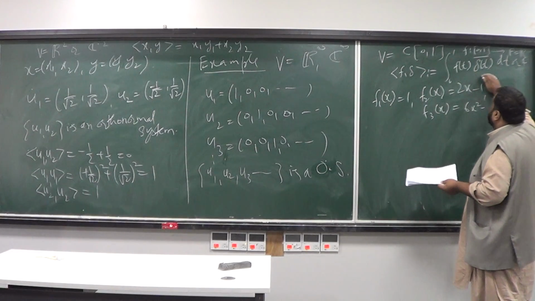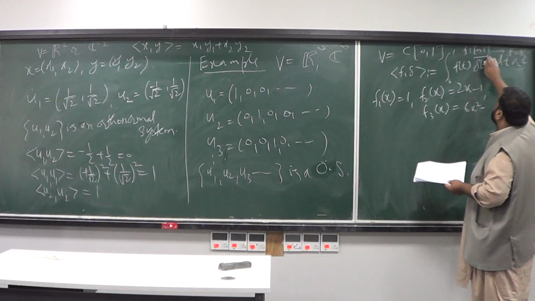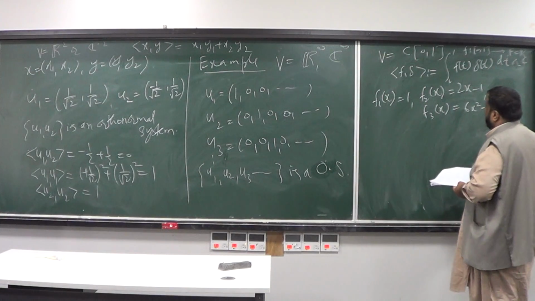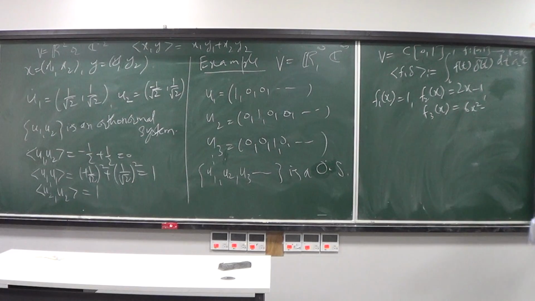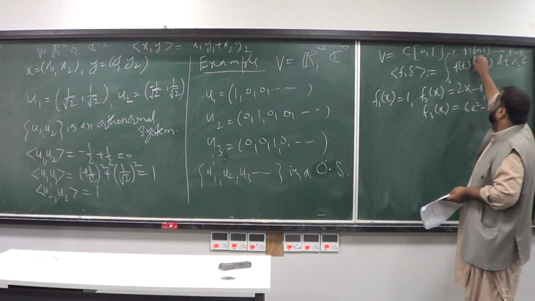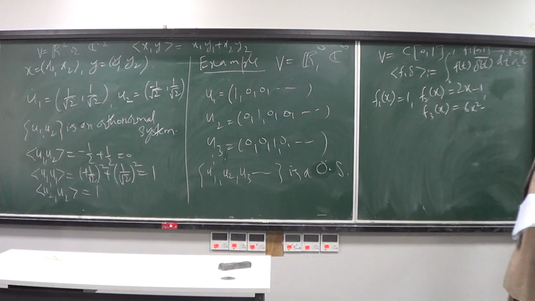If the field is R, then this is the inner product. But if your f is a complex number, then the inner product is f of t multiplied by the conjugate of g of t.